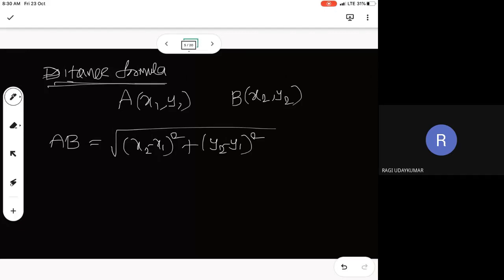Okay. If any 2 points are given to you, A as one point and B as another point, to find the distance between them we have to use this formula. You do not need to write its proof, because if we go into the proof it may cause some confusion. It is not necessary to use the proof.